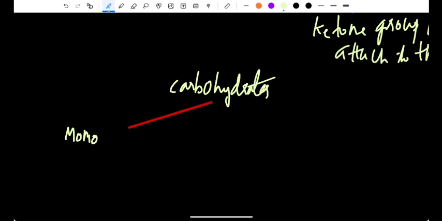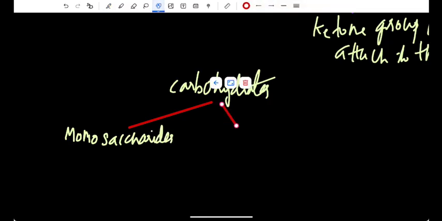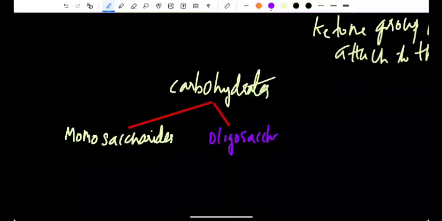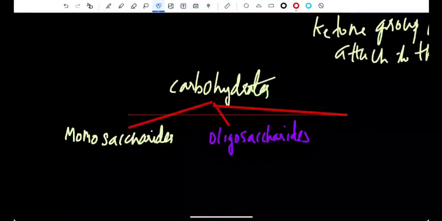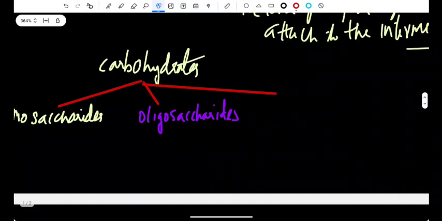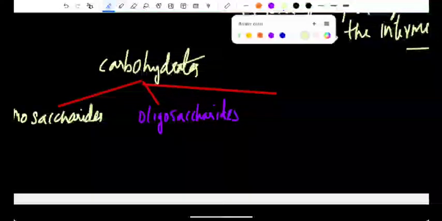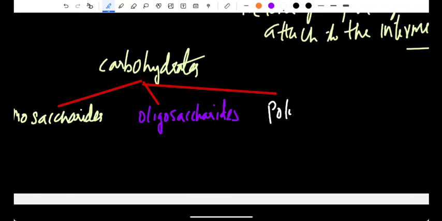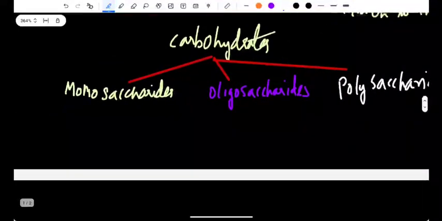There are 3 types: monosaccharides, oligosaccharides, and the third one, polysaccharides.